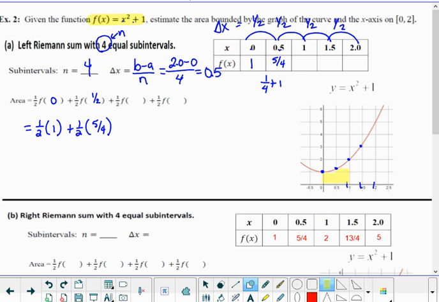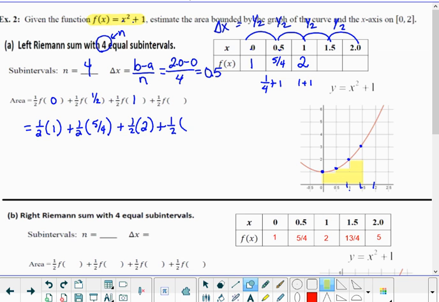The next rectangle is going to be determined by putting in 1 and the height at 1. So I would have 1 squared is 1 plus 1. We get out 2. So this is going to be an F evaluated at 1. That means the height came out to be 2.